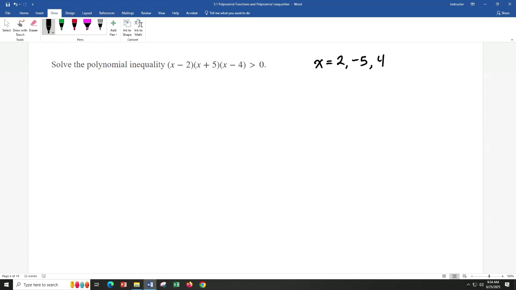Draw yourself a number line. It does not have to be perfect. Don't sit there and think you got to like measure everything out. And graph those. Now that you need to put the numbers in the correct spot. So notice I'm going to have a -5 here. I'm also going to have a what? A 2, and I'm going to have a 4.